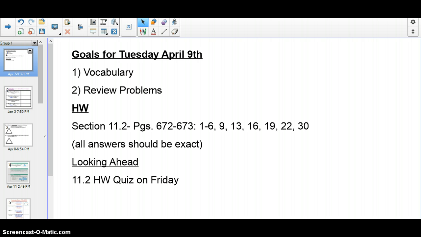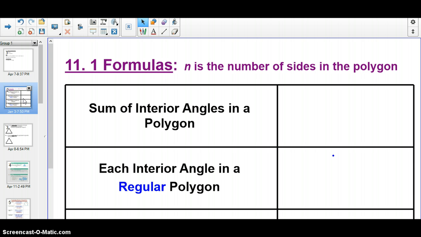Okay, so let's start. Take out your vocab, and we're gonna fill out on the very back page. You have a section for the formulas from section 11.1. Section 11.1 we actually did a while ago, so I'm just gonna give you the formulas as a quick refresher.